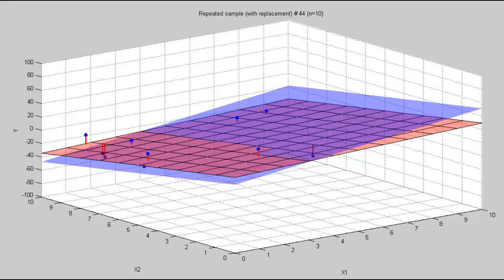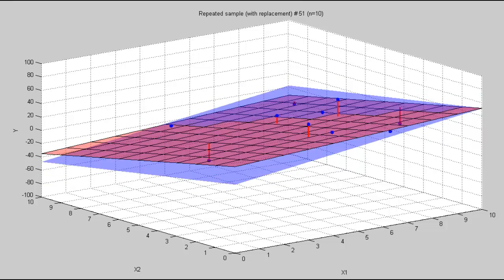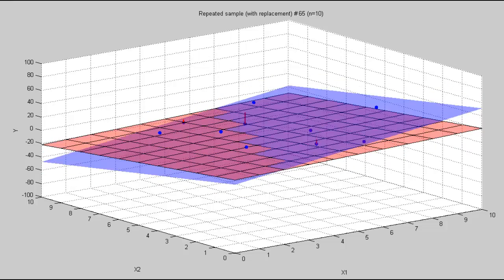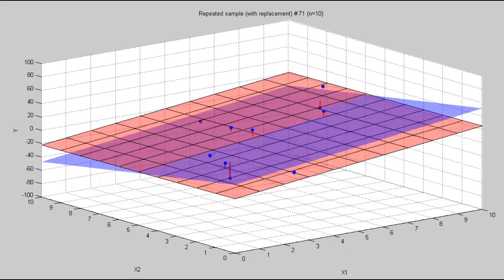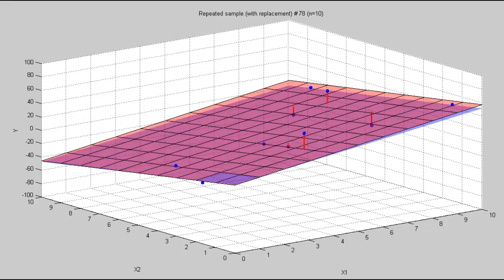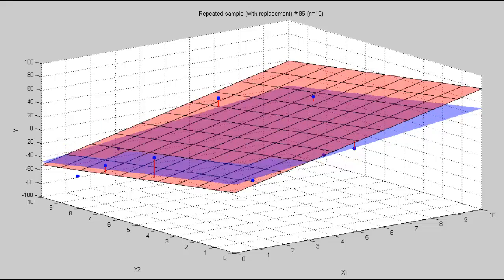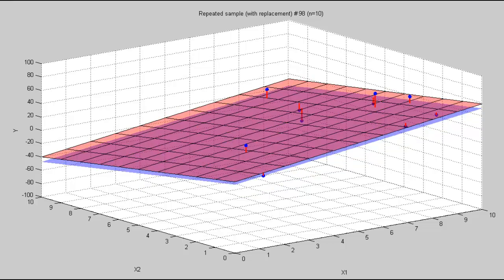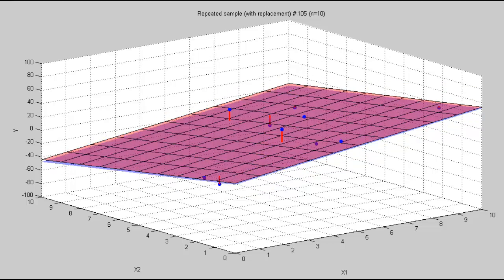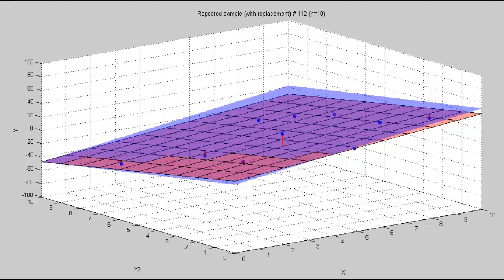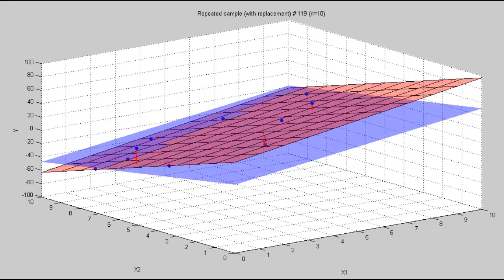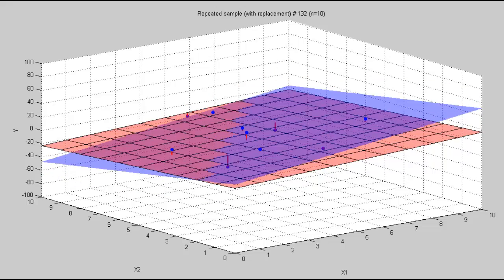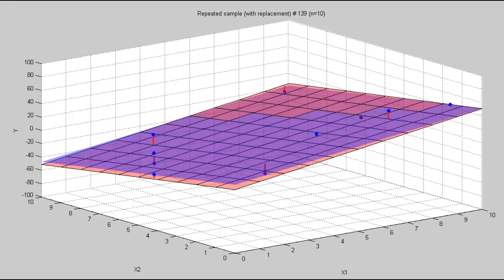Now, the thing to recognize here is that when you are looking at the NHANES data, you are looking at one of these pink planes. You have a single sample of the US population, and you are estimating a regression model in a single sample. Now, do you have a sample that gives you a regression model that is close to what's true in the target population, or do you have one that gives you a regression model that is quite distant from the target population?